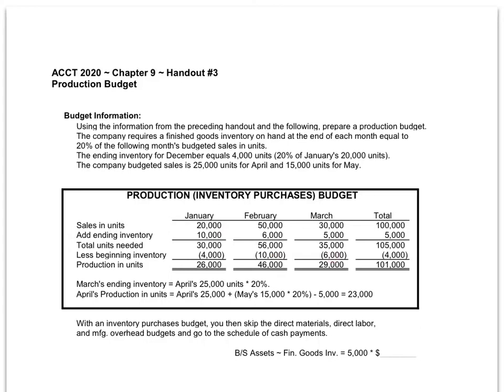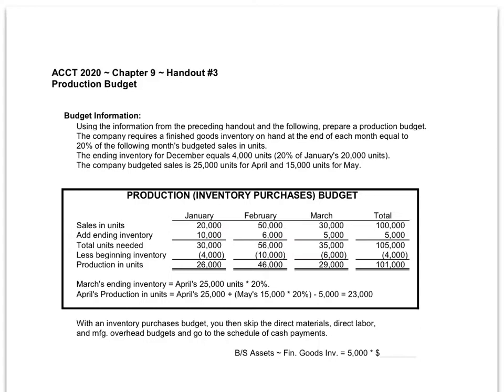So that's where you get your beginning inventory numbers. And the ending inventory, again, remember, is 20% of the next month's needs. So in March, we need 30,000. So that means we're going to need 20%, or 6,000, at the end of February. So 50 plus 6 is 56 minus the 10 gives us 46.